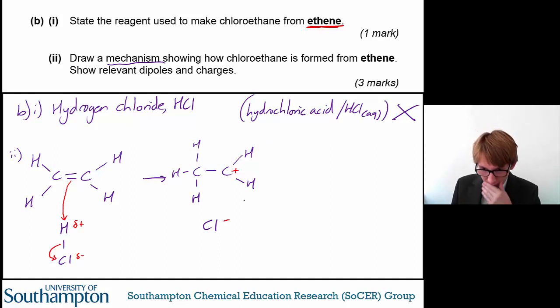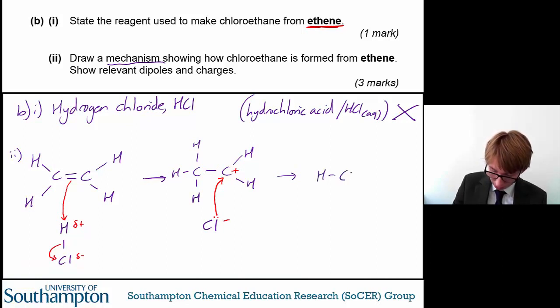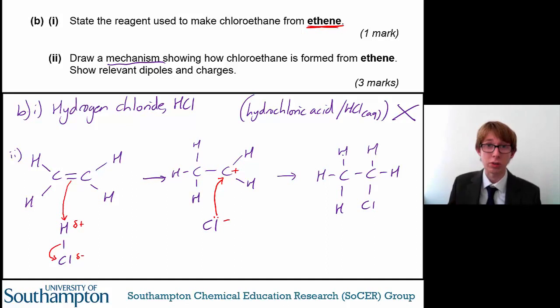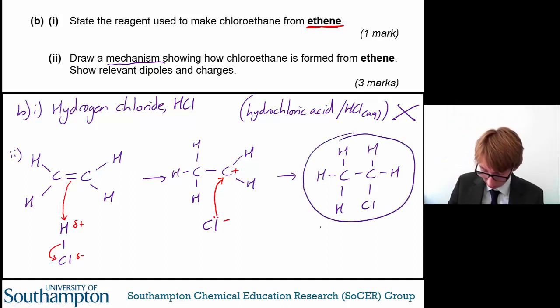So from there, what you will see happen is that this negatively charged chloride ion is now attracted to the carbocation, and you get a bond forming between those two, and then finishing this off, your final product, there's only one, is just this, so chloroethane.